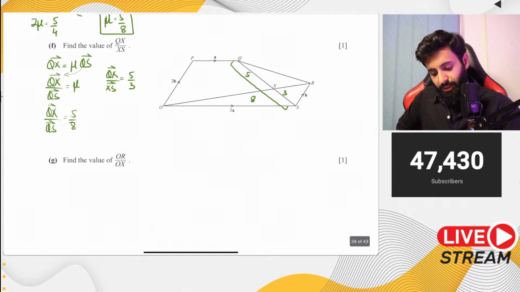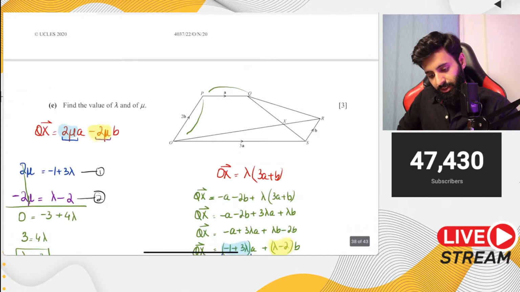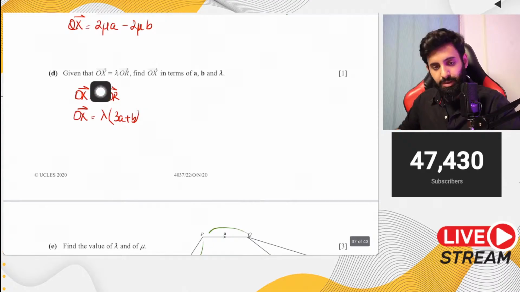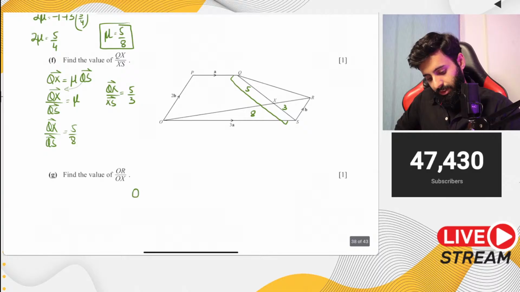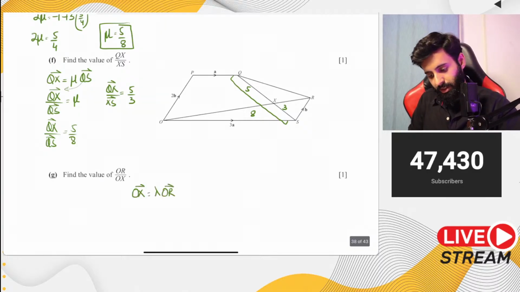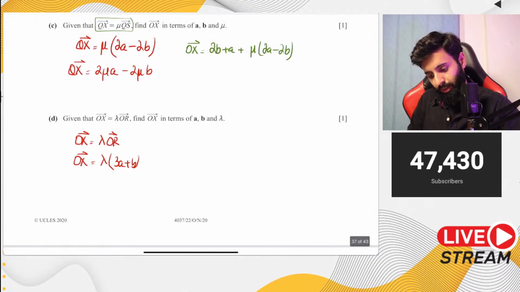Now here's the next part, which says find the value of OR upon OX. If you go back, notice the question said that OX is equal to lambda times OR. Let's go back and make sure of that. Yeah.